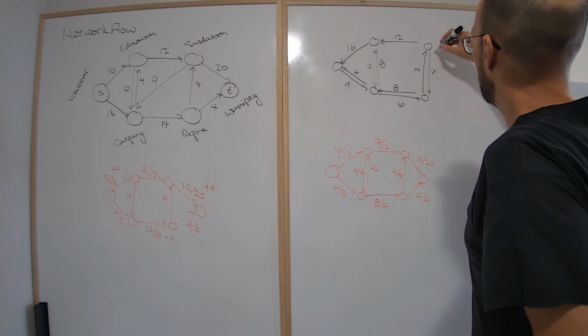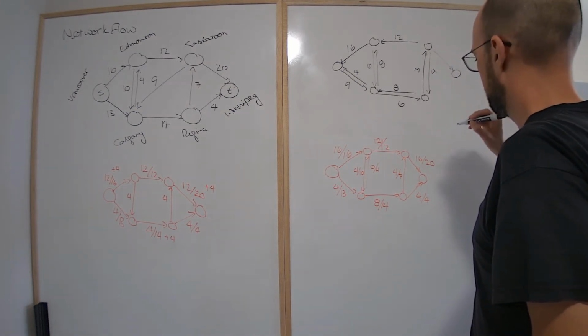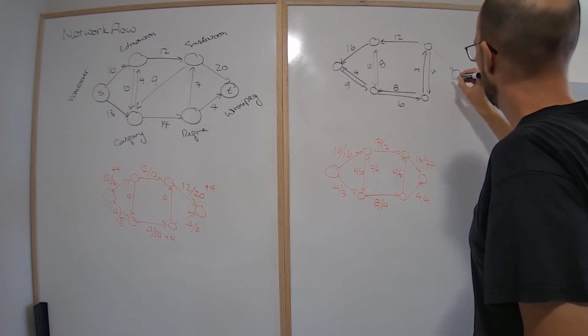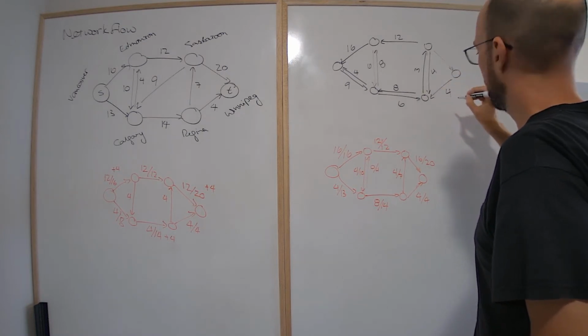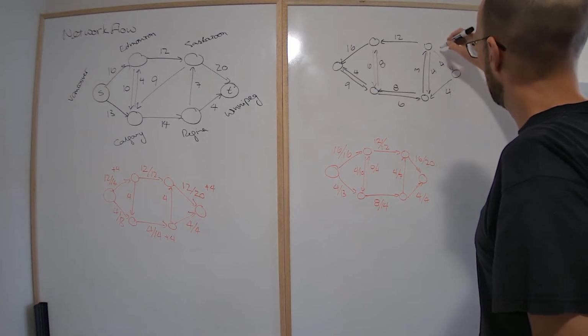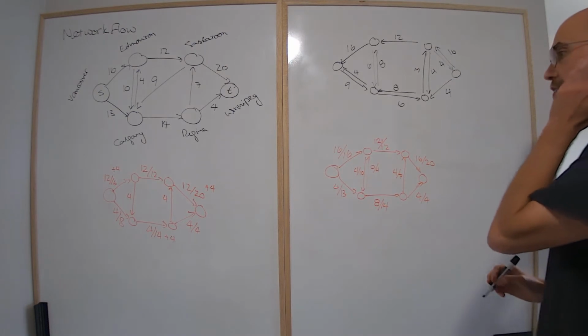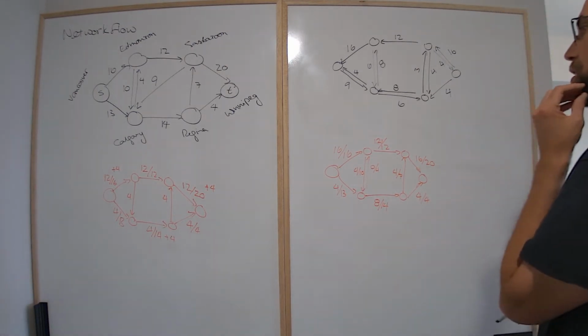Okay, so this can go 4 like this. This could increase by 4, or it could decrease by 16. Okay, is this everything? 9.